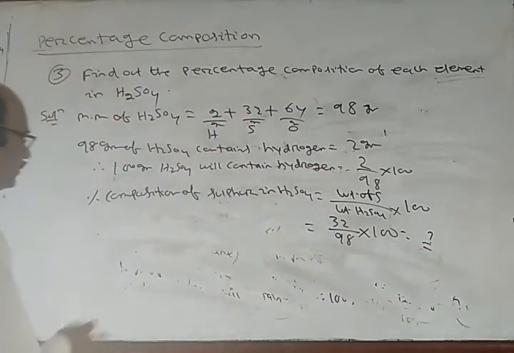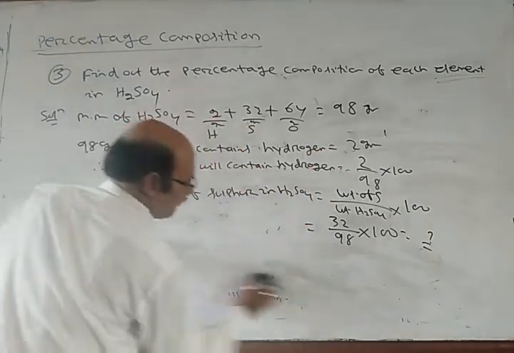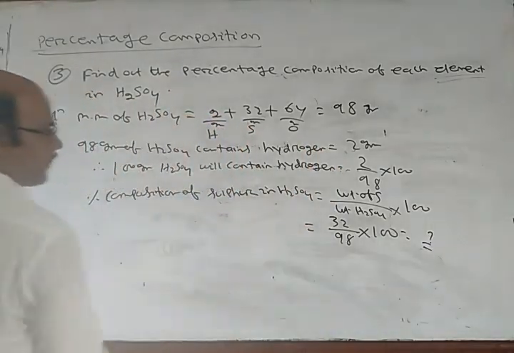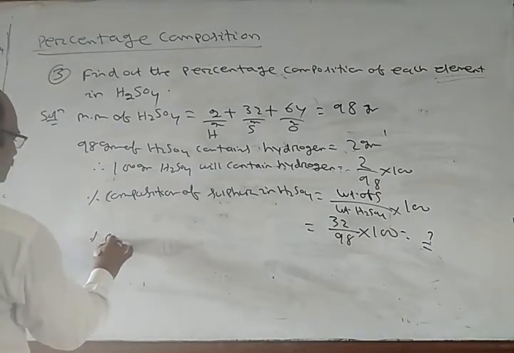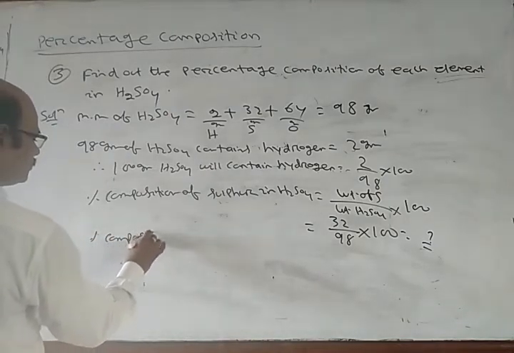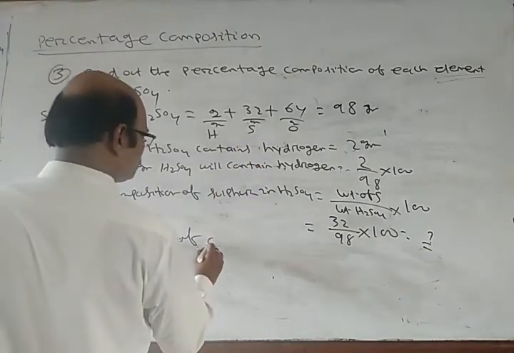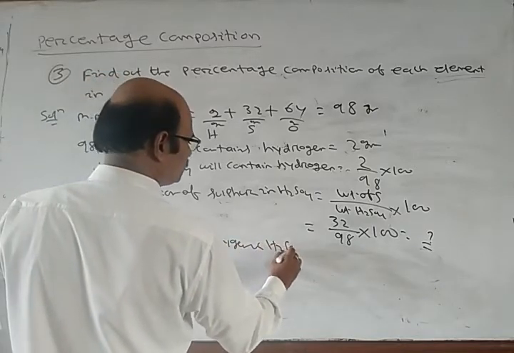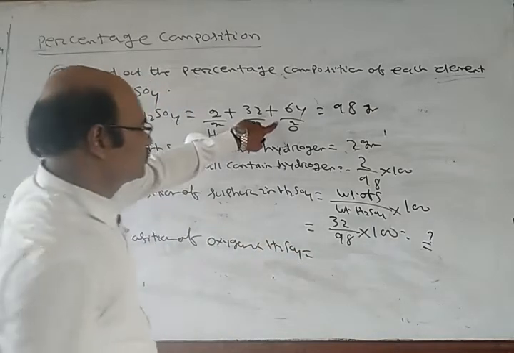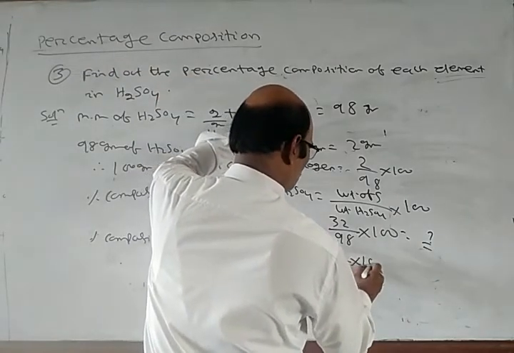Okay. Similarly, the percentage composition of oxygen in H2SO4 equals 64 by 98 into 100.